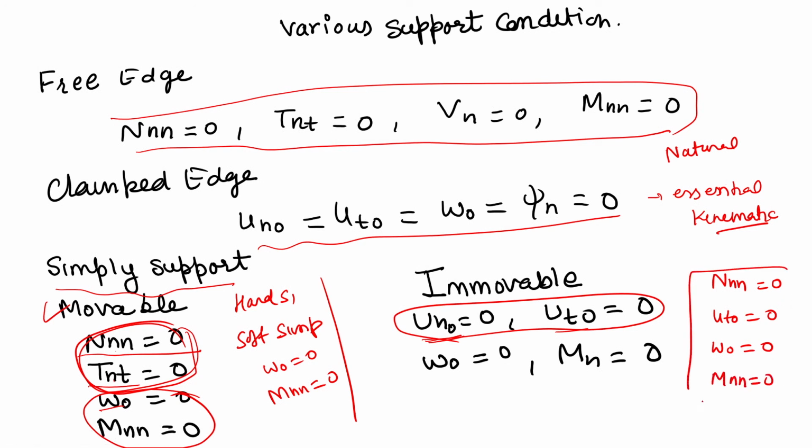If we choose the variables like this, it is known as hard simply supported, and in most cases analytical solutions are available for the hard simply supported boundary condition. This other type of boundary condition is also known as the soft simply supported boundary condition. The immovable concept is already given here. So we can choose from the variables which are going to be specified.